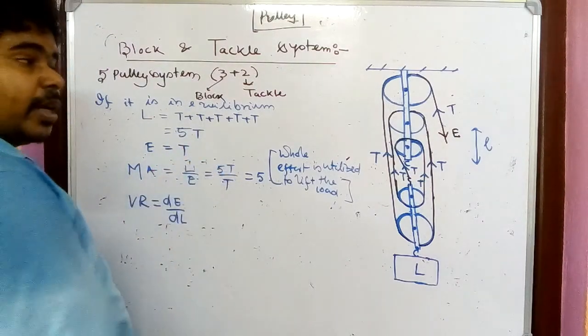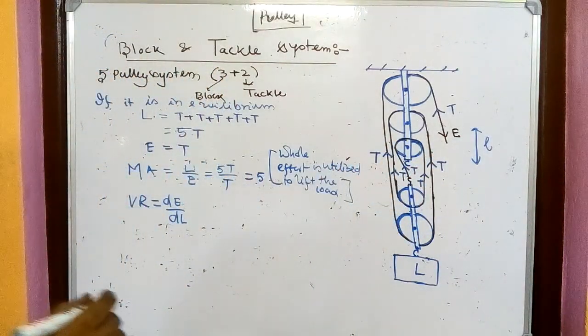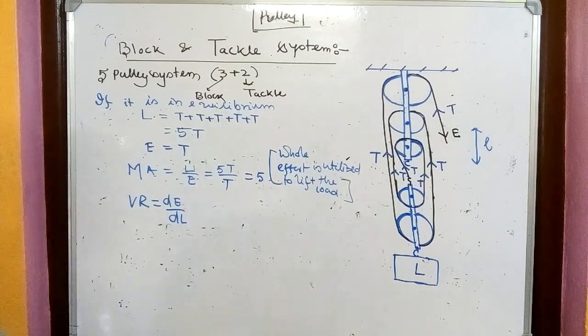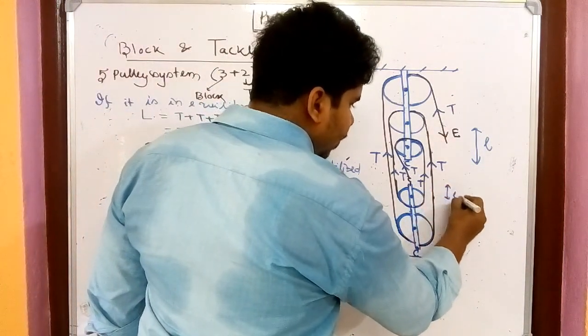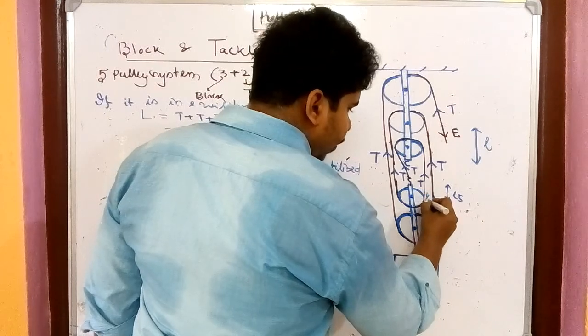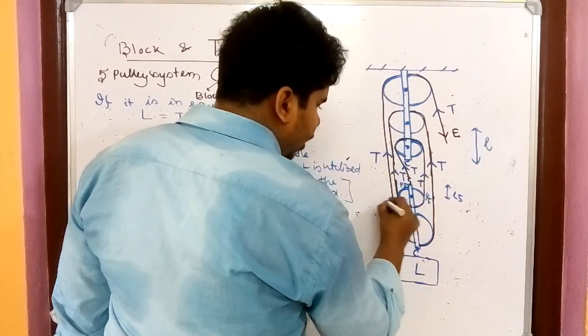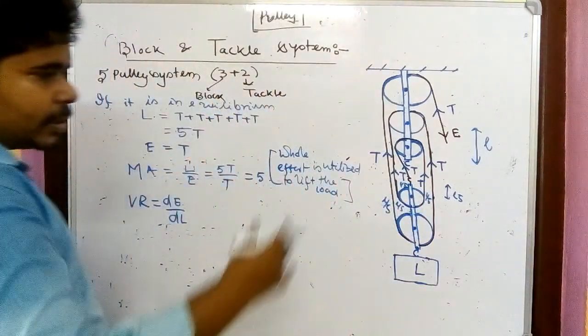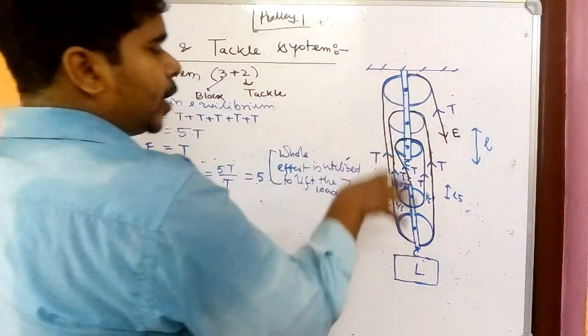This displacement L is distributed among 5 strands of string. So if I distribute it, it will be L by 5. Here also it is L by 5, L by 5, L by 5 and L by 5. The total displacement L is distributed among 5 strands of string.